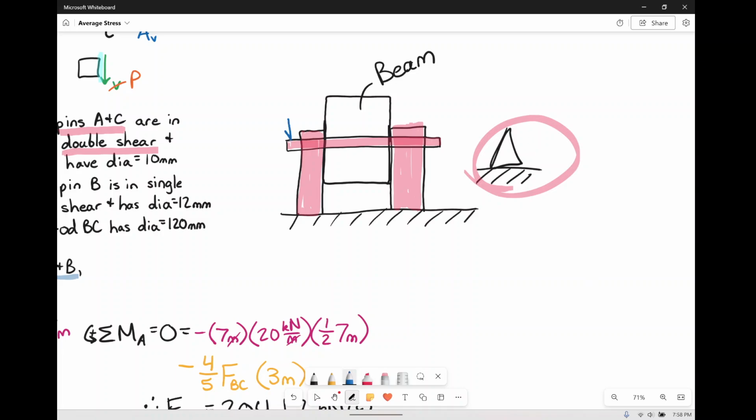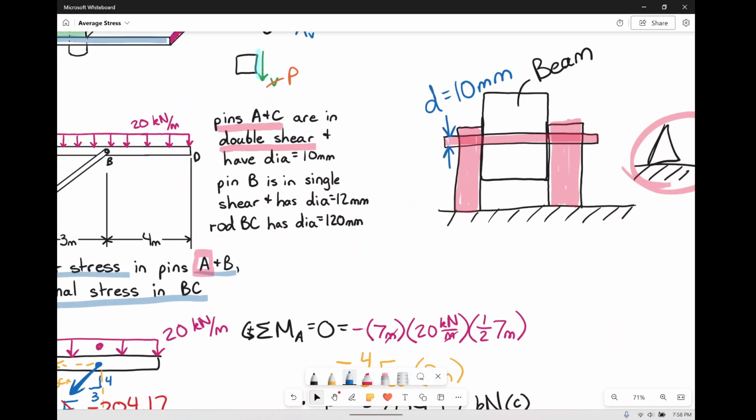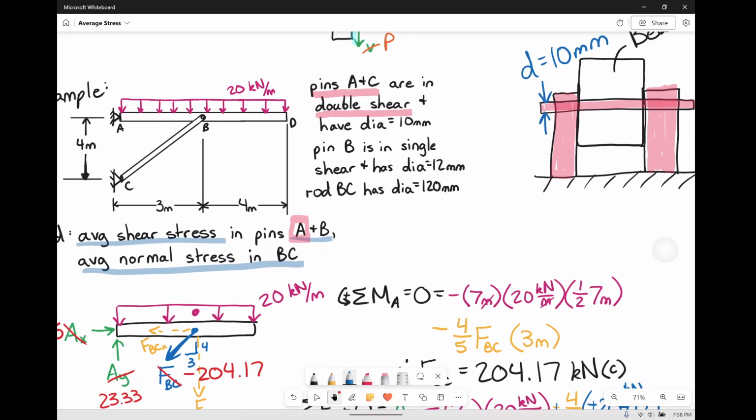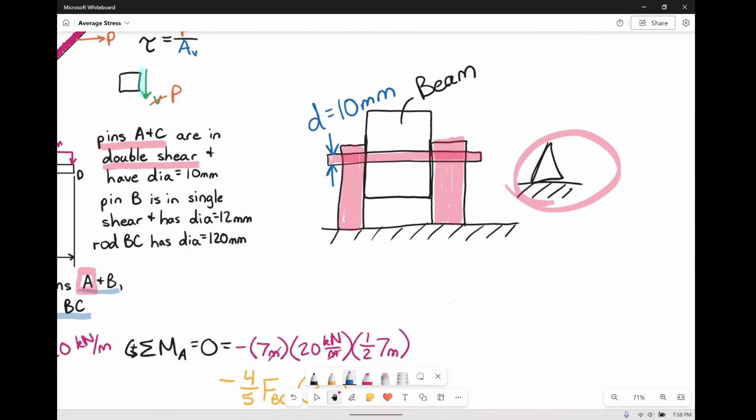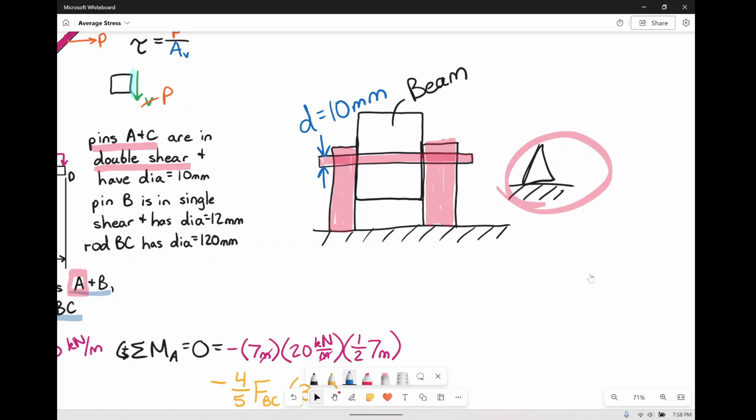So again, what we said was this has a diameter of 10 millimeters. So our AY force and our AX force are acting. This one's kind of difficult to draw.